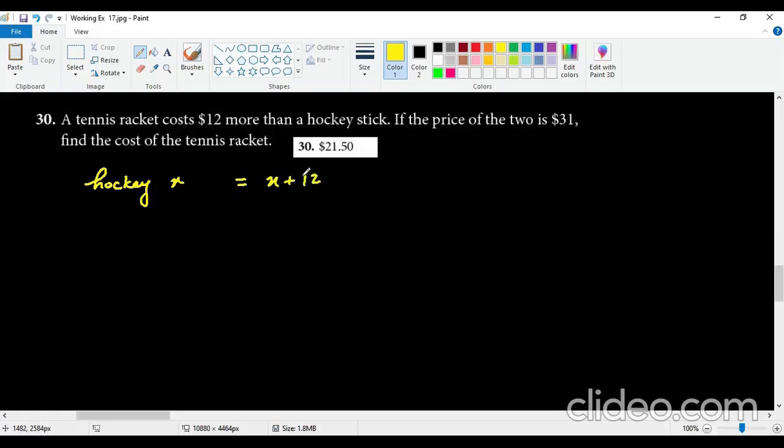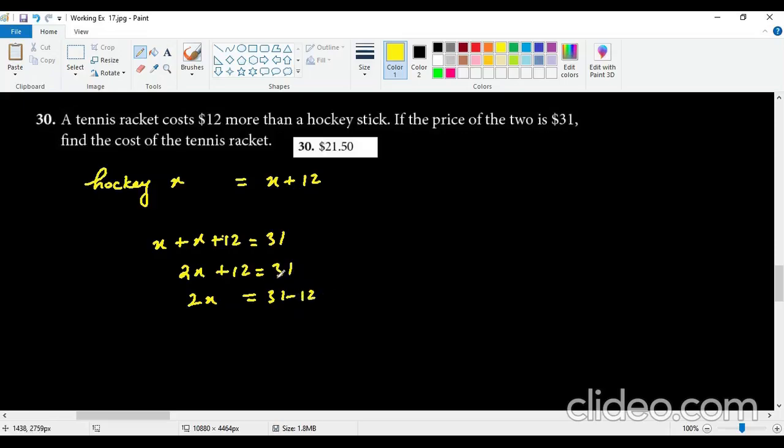Now, what it says is that the price of hockey plus the tennis racket is equal to 31. This means 2x plus 12 equals 31, and 2x is equal to 31 minus 12.